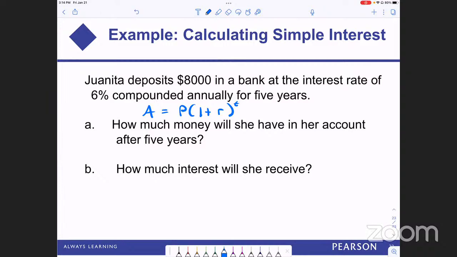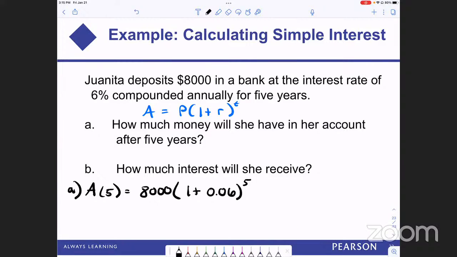Okay, so for part A, the amount after 5 years is going to be her principal, which is the 8,000, times 1 plus her rate, 6%, so that's 0.06, to the power of 5. Okay, I'm going to try something here.